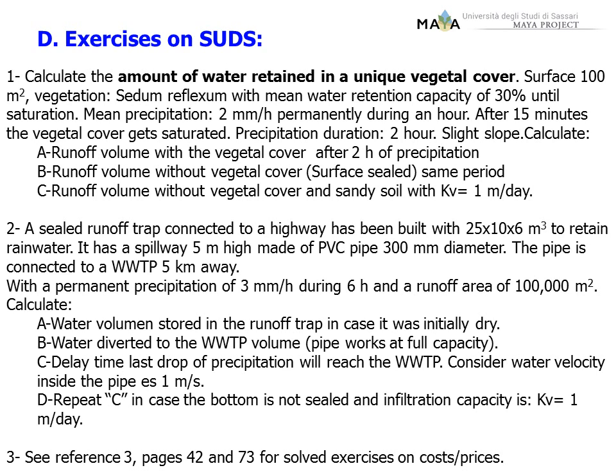The first, to calculate the amount of water retained in a unique vegetal cover. In the second, we'll calculate the concentration time and the evacuation of the water from a runoff trap connected to a highway. And in the third, we can calculate some approximate budget of some of the actions to be done.